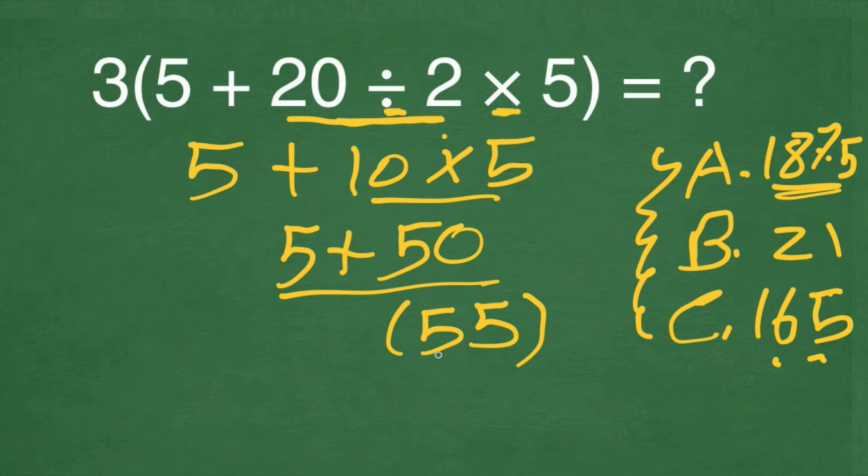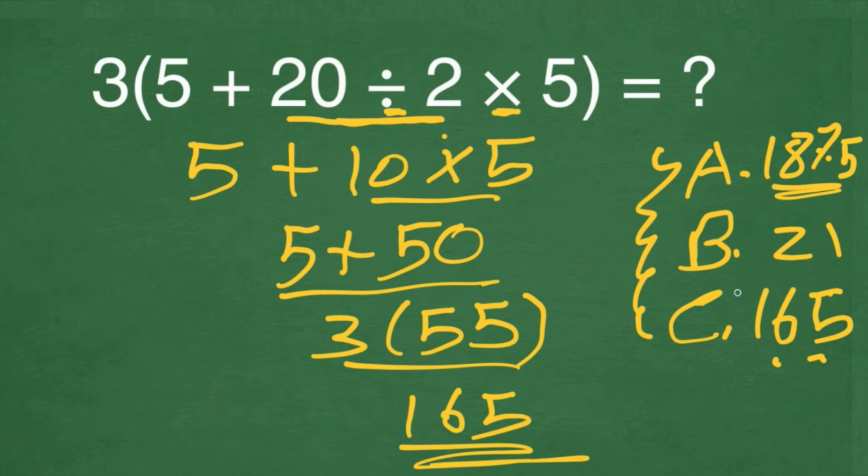So 55 is going to be multiplied by 3. So what is it actually? 55 times 3 is 165. So the answer is C, which is 165. And it follows the correct order of operations exactly.